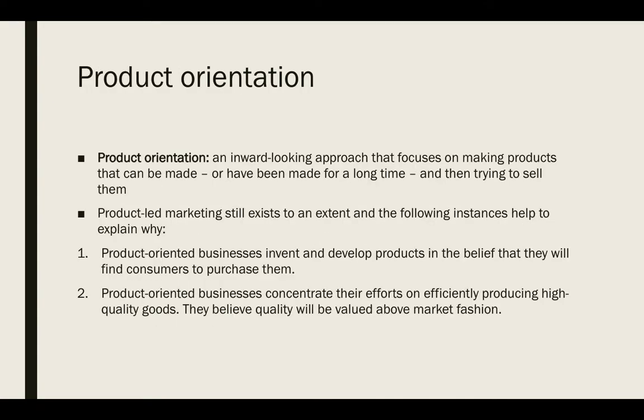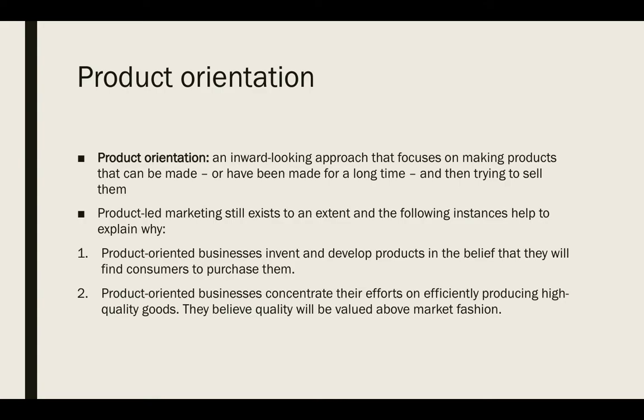But in the case of product orientation, basically businesses are focusing on the product. So here, let's say a coffee shop decides to create a pistachio coffee. Basically, there is no demand for that pistachio coffee, but they have the belief that they'll find customers to purchase that pistachio coffee.